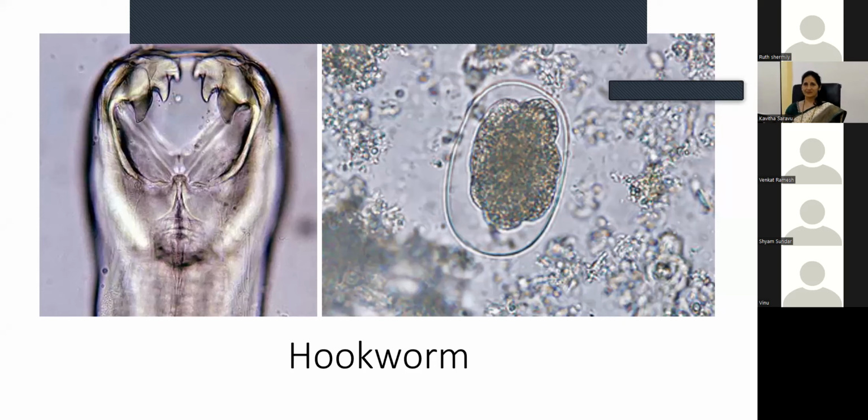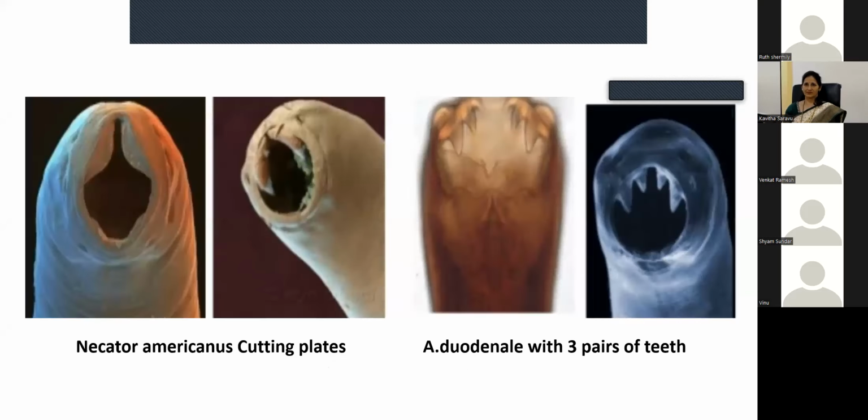In total there are around 6 teeth seen in Ankylostoma duodenale, and on the right side you can see the egg of hookworm. Right, so the left side of the picture is Necator americanus, and the right side is Ankylostoma duodenale with 3 pairs of teeth.